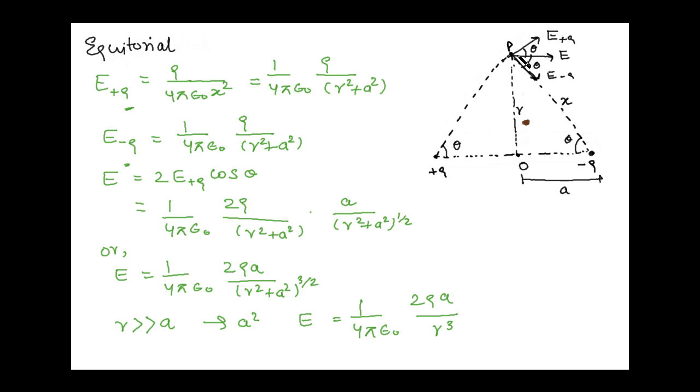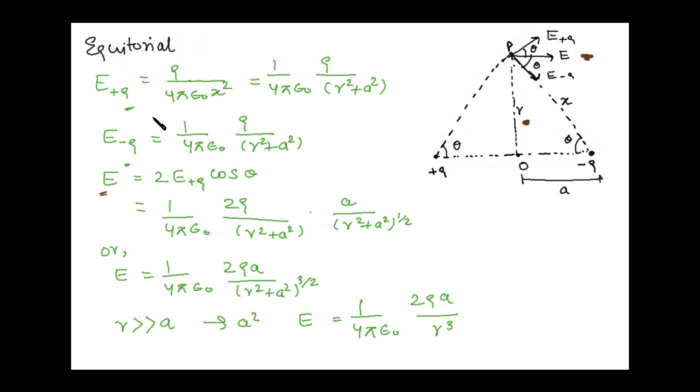Now Y component of E plus Q and E minus Q will cancel out each other, and the X component adds up as they are both in positive X direction. Therefore E is parallel to X axis and has magnitude E is equal to 2 E plus Q cos theta.